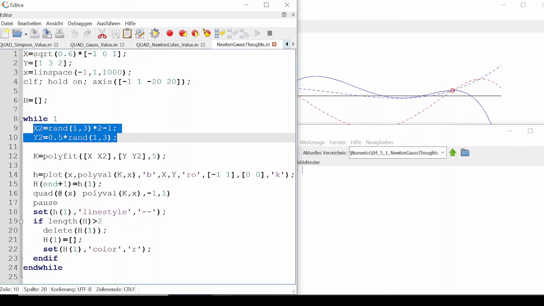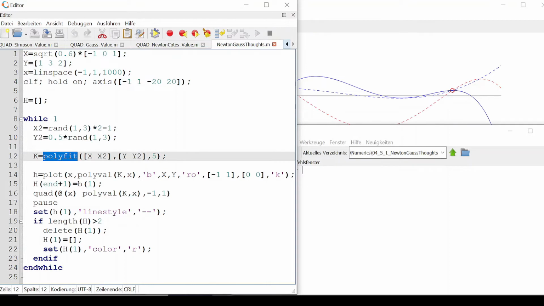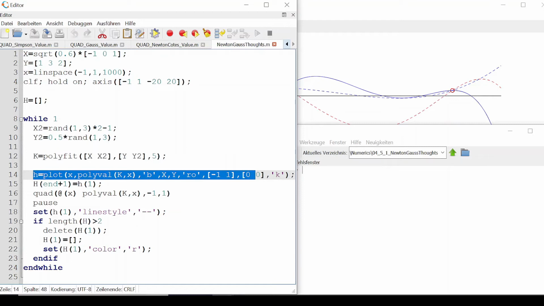And then I'm using polyfit. This is the command in MATLAB and Octave. Find the polynomial interpolating for these x values, these y values, and use a polynomial of degree 5. In this case, this means true interpolation. 6 points is degree 5. And then I am plotting that, and then I show you.